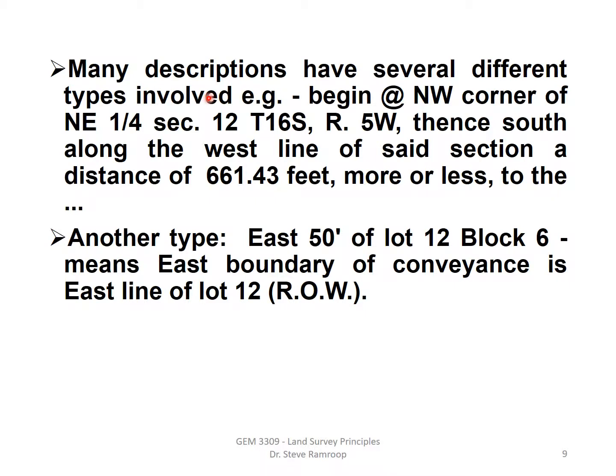Many descriptions have several different types involved. Example: begin at the northwest corner of the northeast quarter of Section 12, Township 16 South, Range 5 West, then south along the west line of the said section a distance of 661.43 feet, more or less, even though they give it to two decimal places, etc. So this example description combines a large majority of the different ways of describing boundaries.